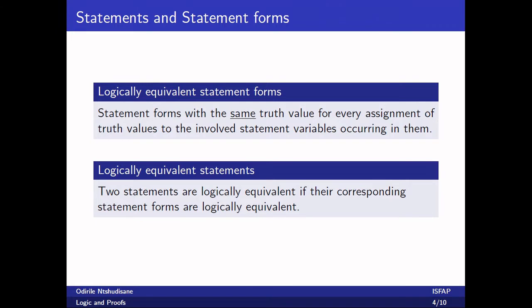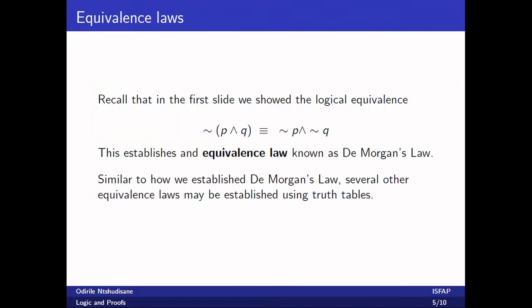Recall that in the first slide we showed the logical equivalence between the statement forms not (P or Q) and not P and not Q. This establishes an equivalence law known as De Morgan's law. Similar to the way we established De Morgan's law, we can establish several other equivalence laws.